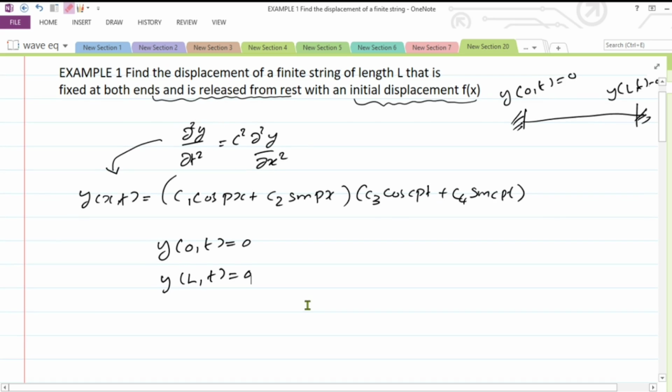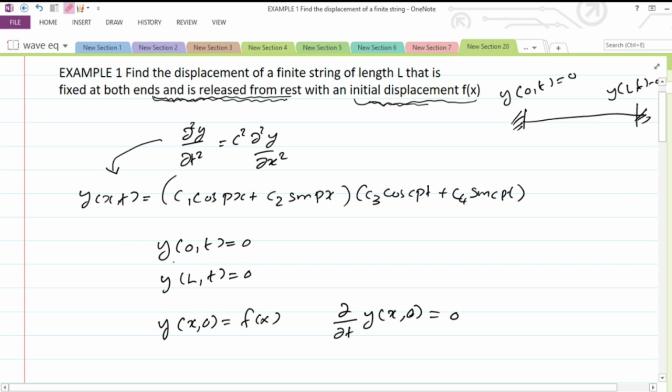Now since the string is released from rest and the initial displacement is given as f of x, we can say that the initial displacement, y of x,0 equals f of x, and the string is released from rest, so the initial velocity, ∂/∂t of y of x,0, equals 0.